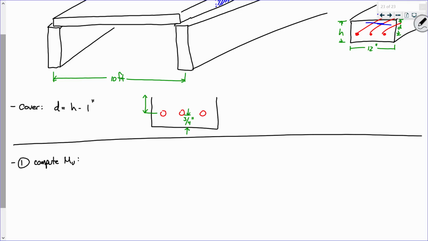All right. Now, in order to do this, we need the height. So what we're going to do is take the height as the minimum that is allowed by ACI, which is the length over 20. So how long's the slab? 10 feet. There we go.